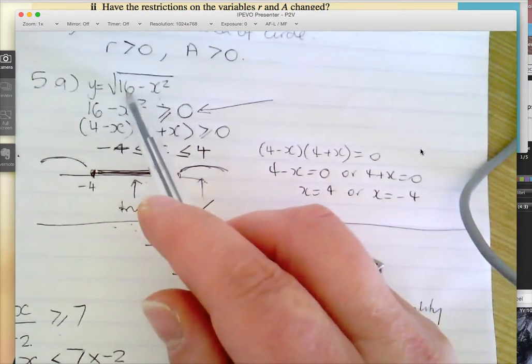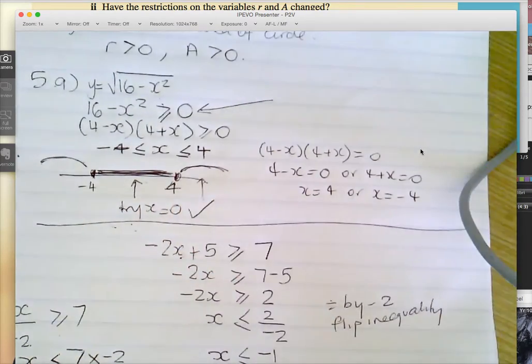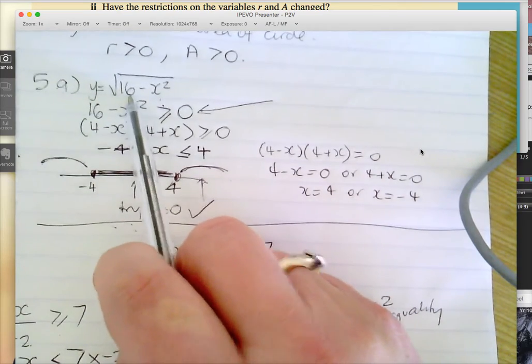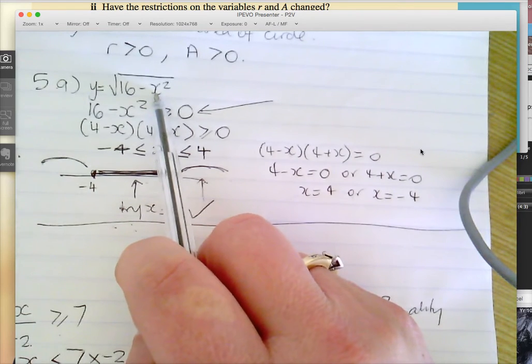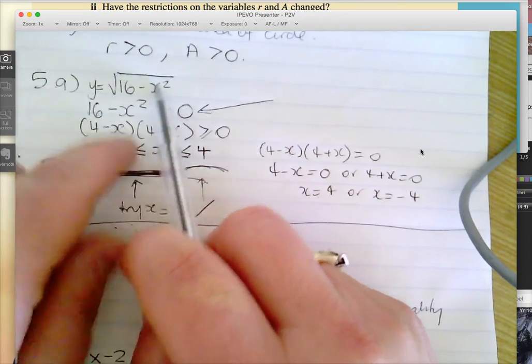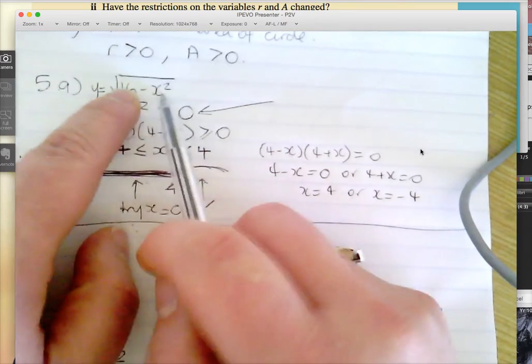X is 5, 16 minus 25, no good. Can you see that x can be between 0 and 4? X is -3, 16 minus 9, since -3 squared is 9. That works because it's 7, square root of 7. But any values of x that make this negative will not work.